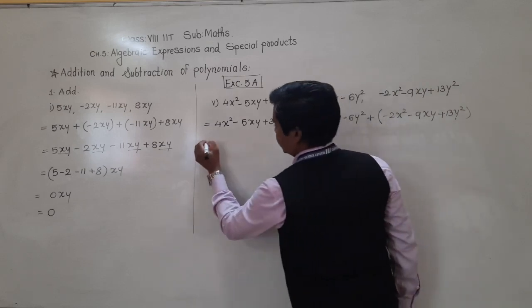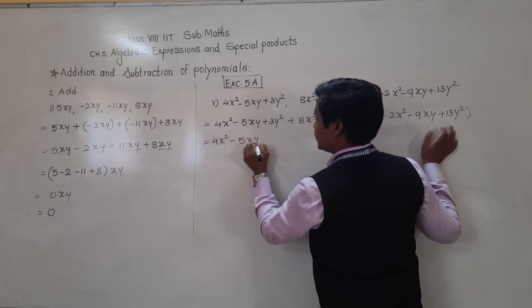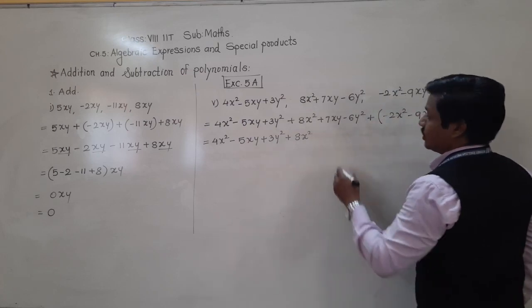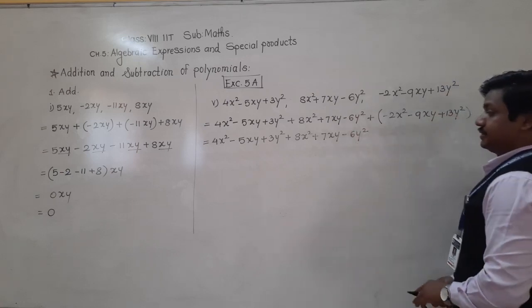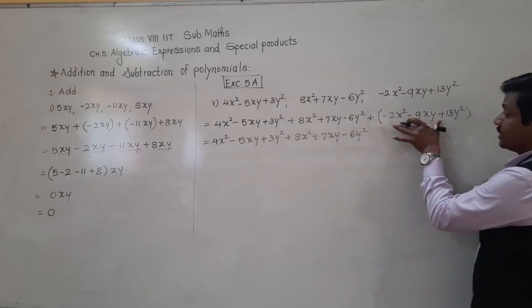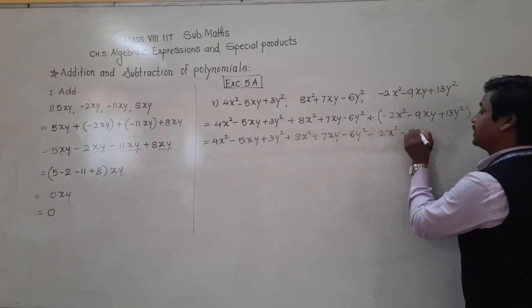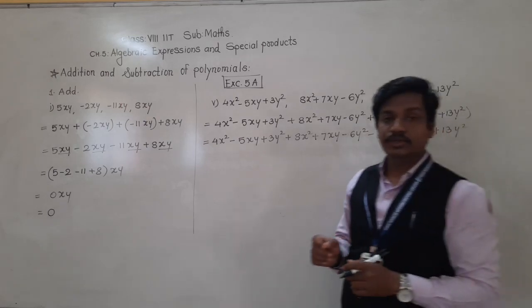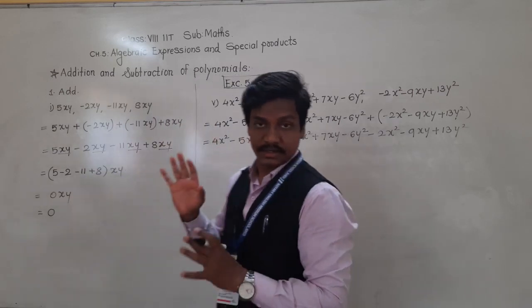Okay, let's remove the bracket first. 4x remaining terms write as it is down. 8x square plus 7xy minus 6y square, plus minus. When there is a plus sign out of the bracket, the inside signs remain as they are. So minus 2x square minus 9xy plus 13y square. Done. Now the next step is take like terms together, combine like terms together.